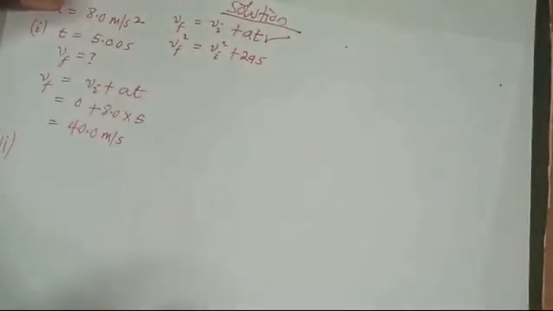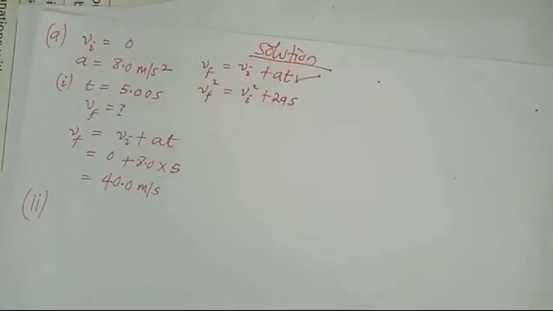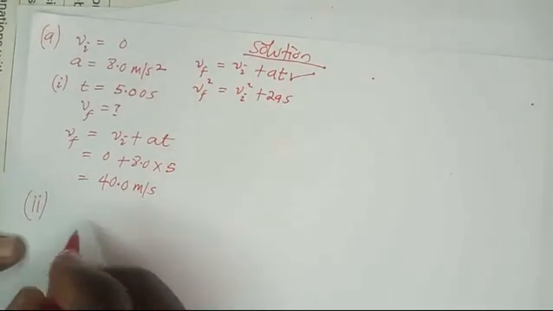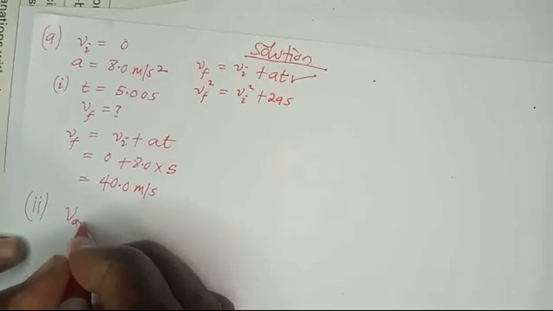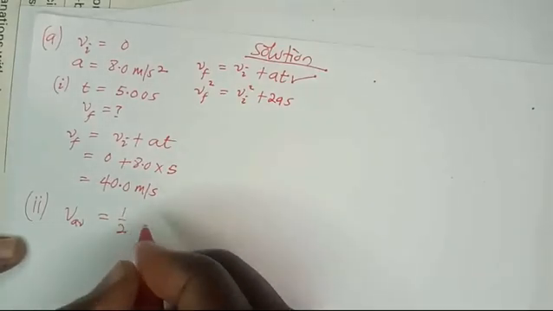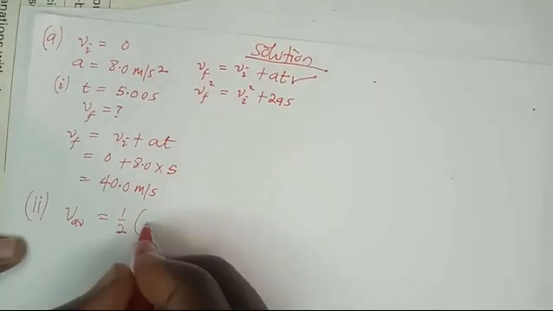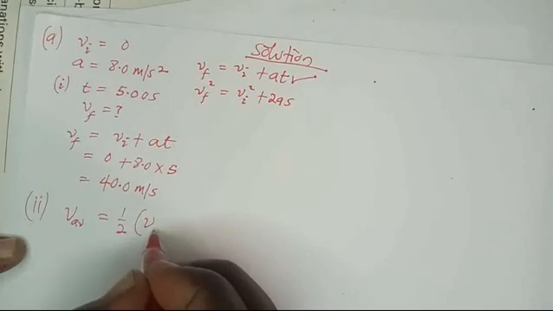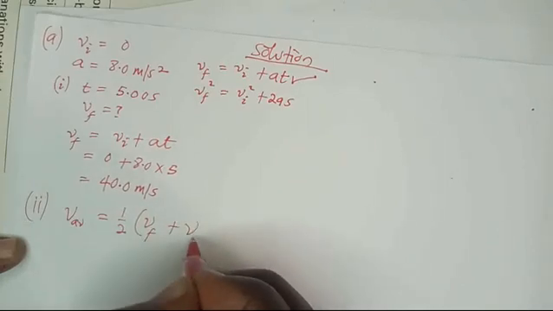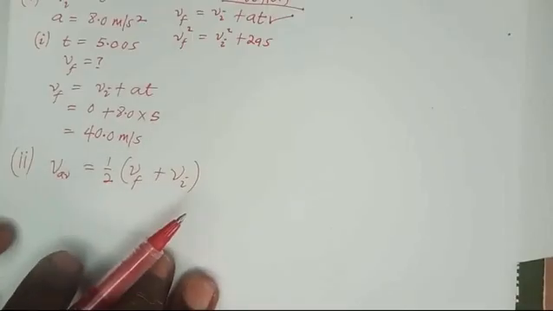That is what they are asking, the magnitude of velocity. So we now say our V average is equal to half into V final plus V initial. If you like, you can write V initial first, then V final. This will not change the result.